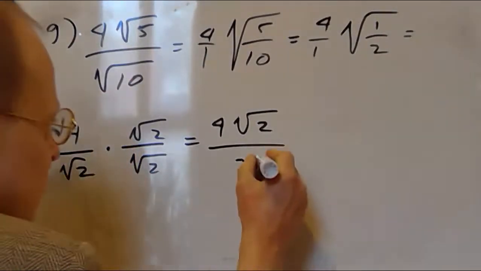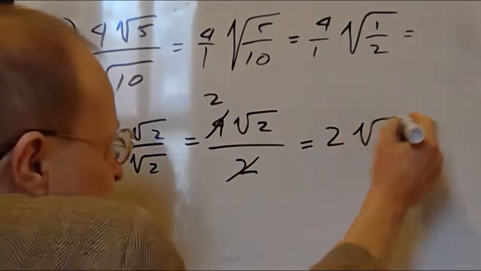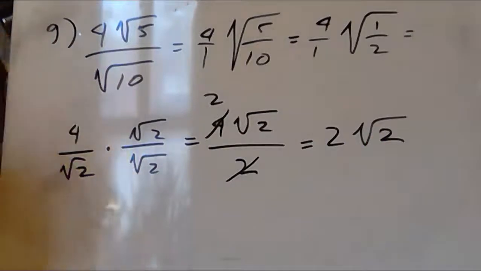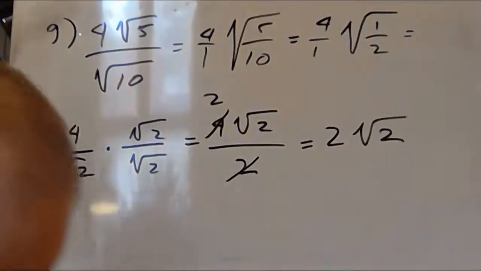And of course we can now make this 2, so that will be 2 square root of 2. So in that case, I'm just combining our tricks, or you can just go straight out and rationalize the denominator using the square root of 10. But again, either road you take, you should end up at the same house, meaning the same answer.